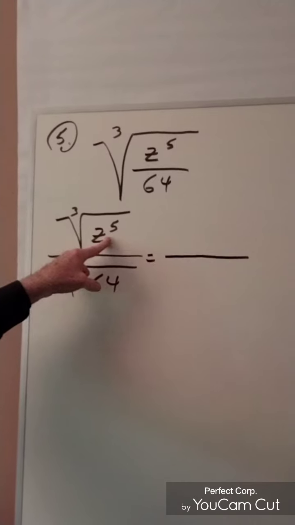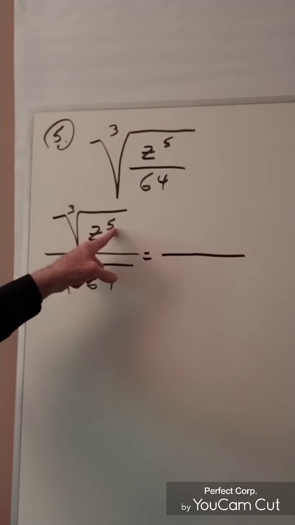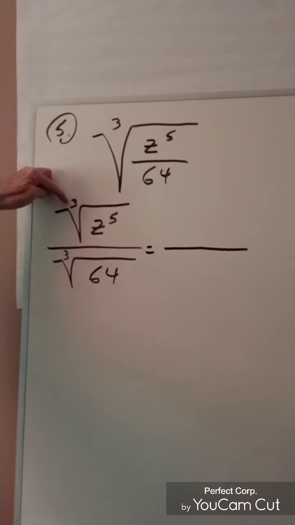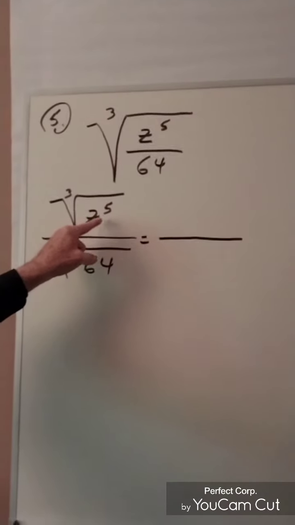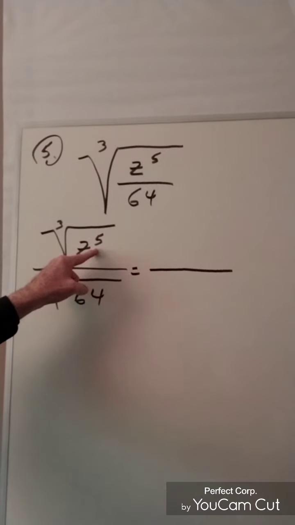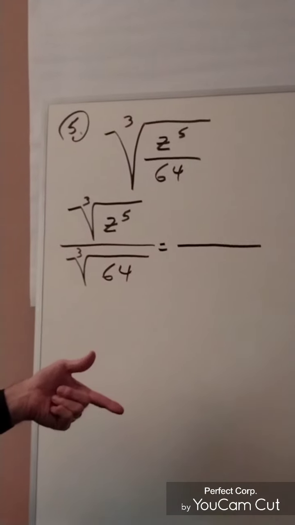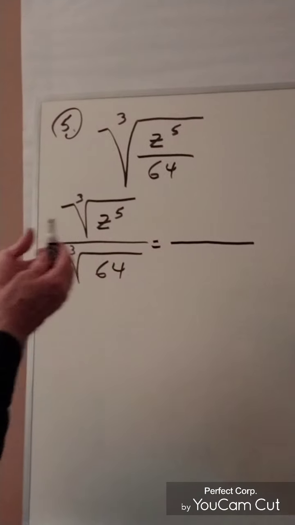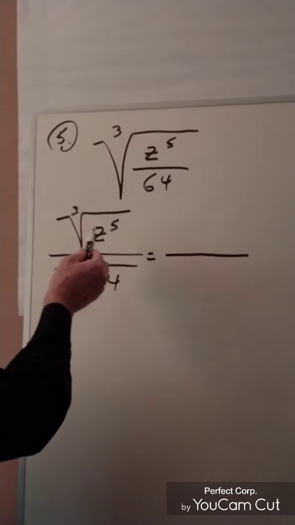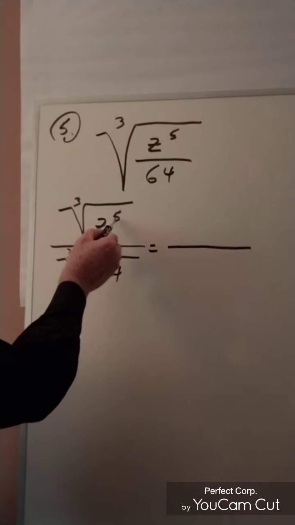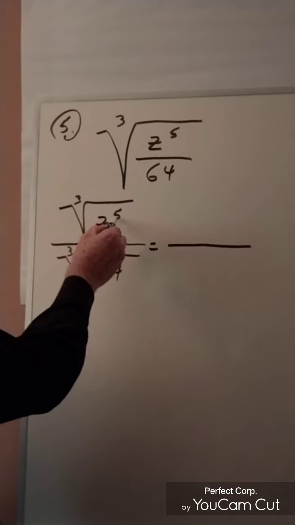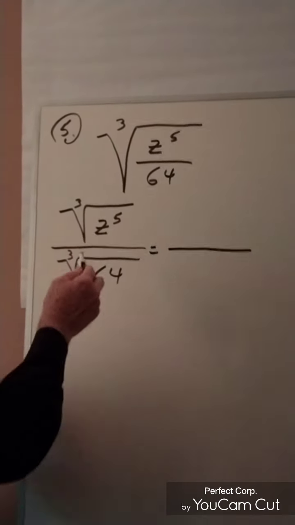Z to the 5th has an exponent that is larger than the index. So that means that within Z to the 5th, there is a Z to the 3rd. And we need to pull a Z to the 3rd out. Z to the 5th, 5 isn't divisible by 3. 4 isn't divisible by 3, but 3 is.